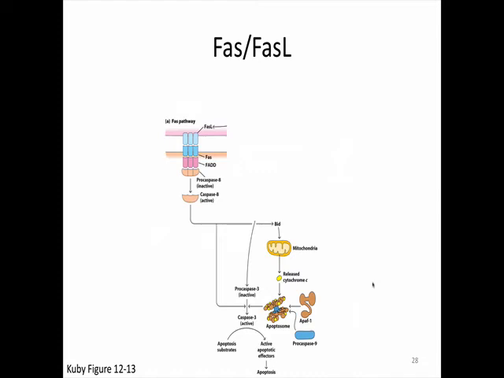Fas, when it binds to Fas ligand, makes a trimer. This binds to a signaling protein known as FADD. And FADD can activate a protein called procaspase 8 to become active and be caspase 8.